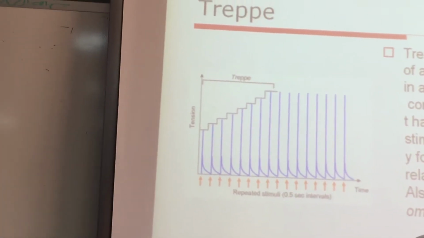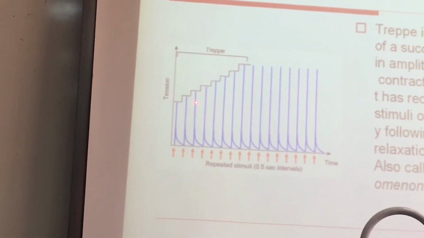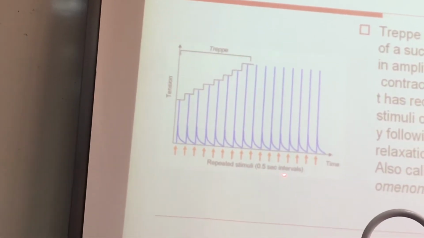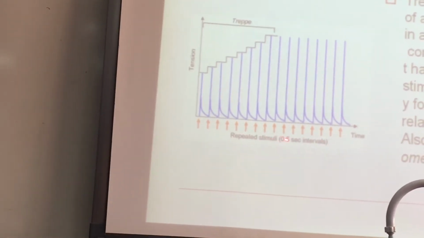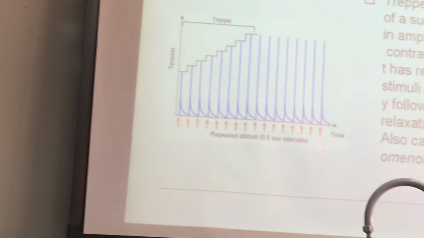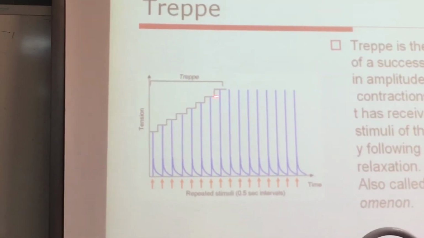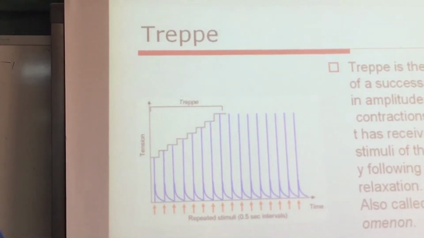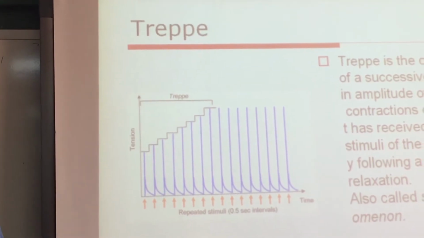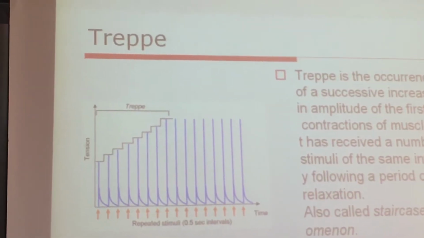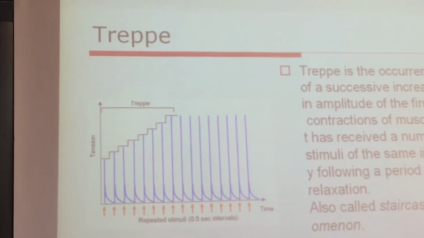Okay? There is one stimulation, a second stimulation, a third, fourth, fifth, and repeated stimuli at 0.5 second intervals cause an increasing height of contraction. Why? Beneficial effect. 3 reasons: calcium, temperature, viscosity. Okay?